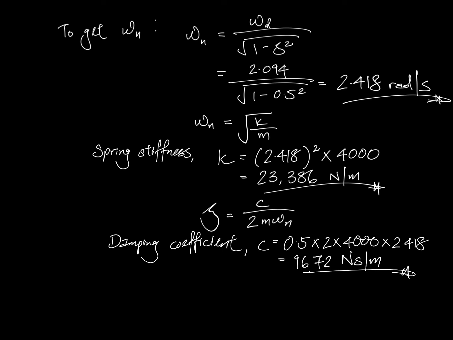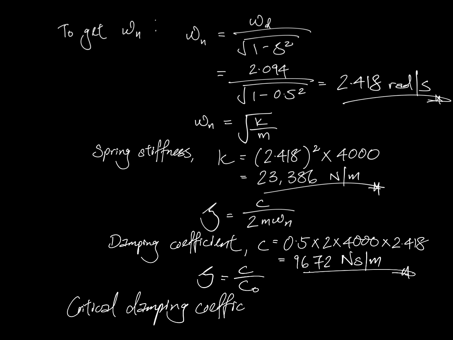And finally, the critical damping coefficient. So what's the relationship with zeta? It is C over Cc. So Cc is equals to 9672 divided by damping ratio 0.5, and that gives us 19344.